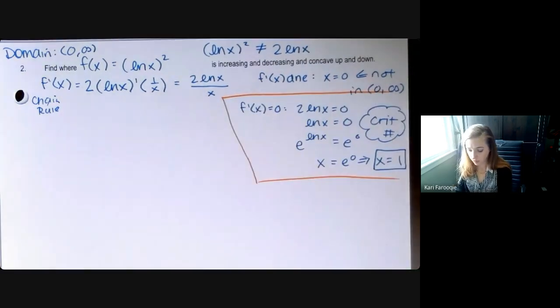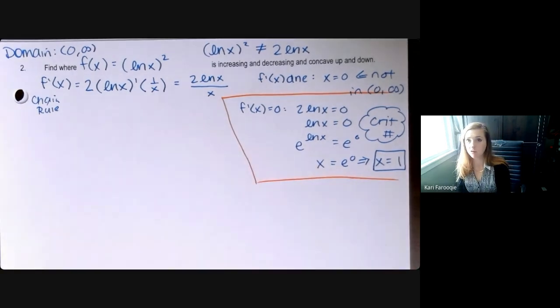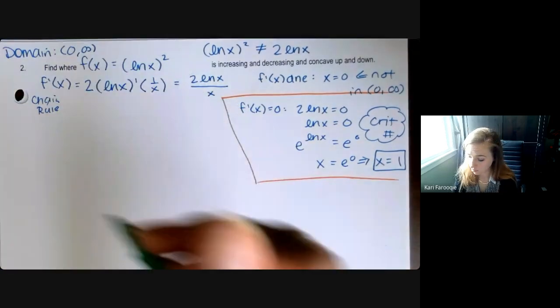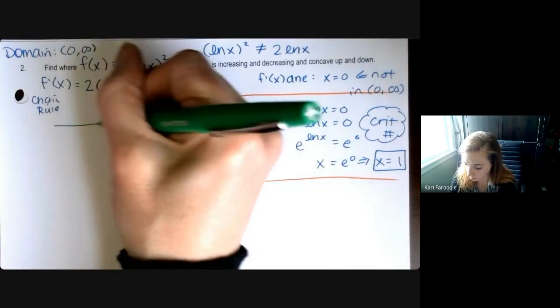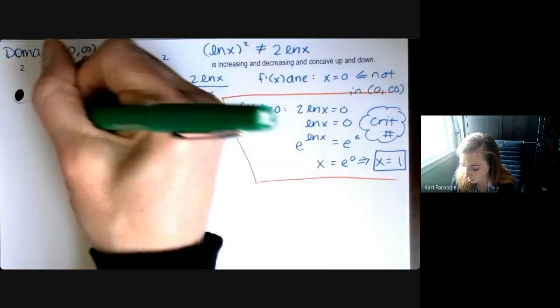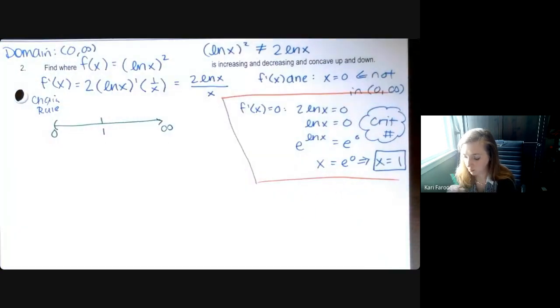And we'll go ahead and use sign analysis with your critical number to determine intervals on which the function is increasing or decreasing. Your critical number is in the domain, so that's really important. We're not going to test any values that are not in the domain, so make sure we understand that. Basically, you're just going to have the critical number at 1. The lowest value we can obtain is 0, and it goes all the way up to infinity.